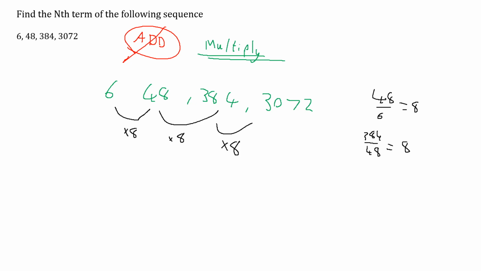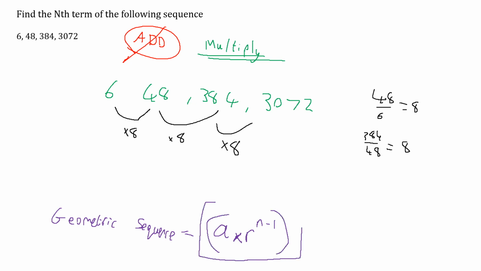So the general rule of thumb with a geometric sequence is that it has a common form a times r to the power of n minus 1. This is the form that a geometric sequence holds.